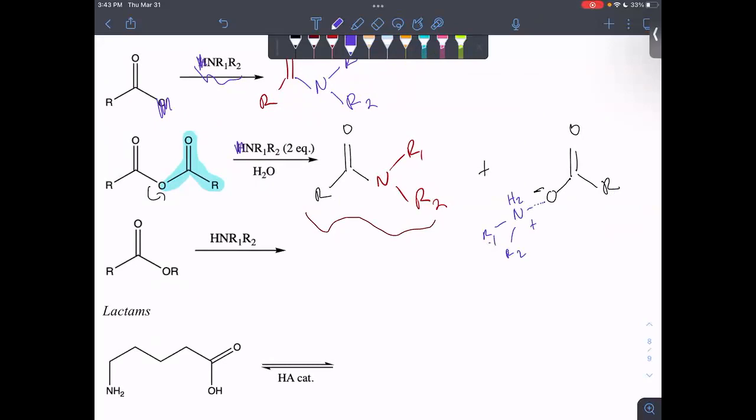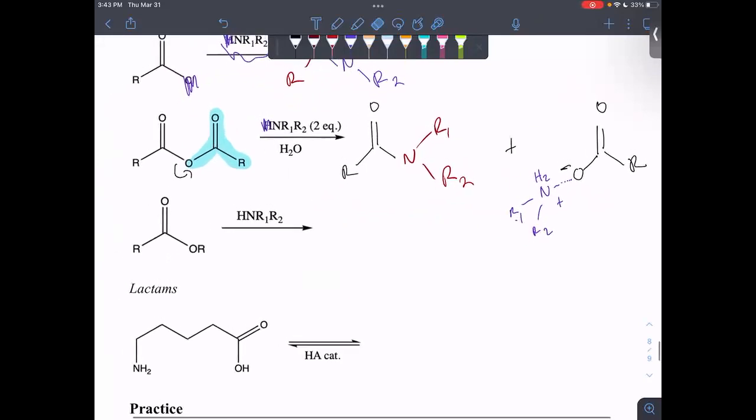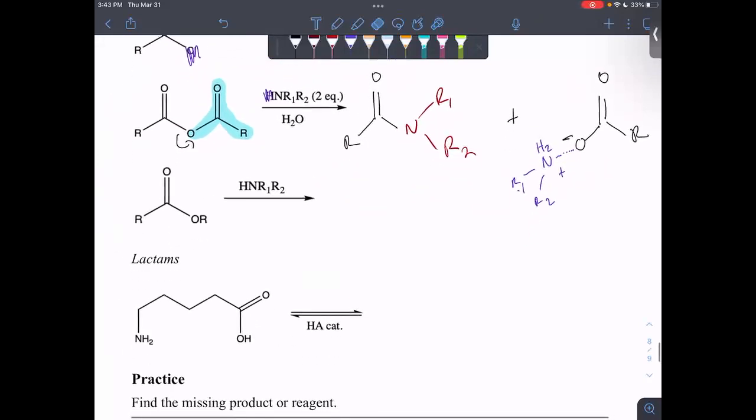In order to satisfy the leaving group and stabilize it, you're going to need to use 2 equivalents of the amine. Because more of the amine might go to this side of the anhydride and not enough might go to this side. But I think it's safe to assume it's in excess if there's nothing written there.